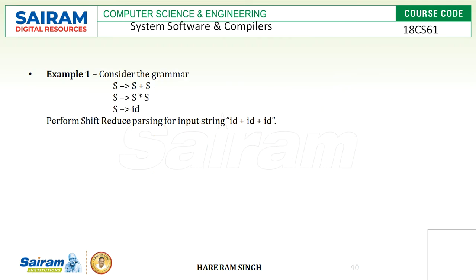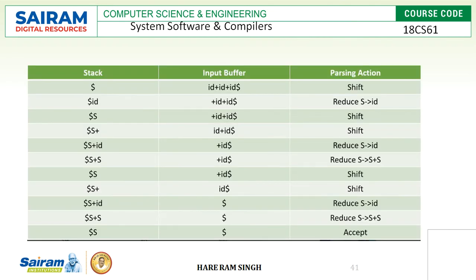For example, let us see one grammar. S generates S plus S, S generates S into S, and S generates ID. And perform a shift reduce parsing for the input string ID plus ID into ID, maybe. So let us do it.